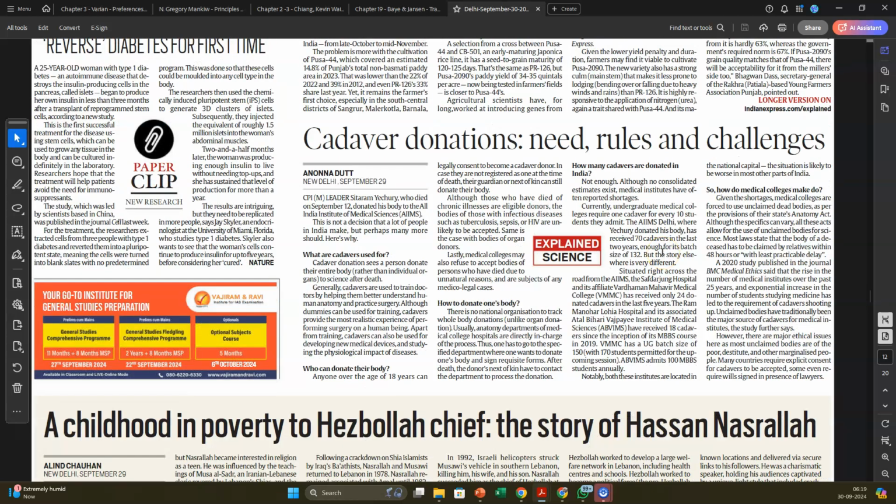Then, cadaver donation: needs, rules and challenges. We have a shortage of cadavers, which are used by science and medical students in medical colleges, because they need dead bodies to operate on. Fewer people are donating their bodies after death, therefore there is a shortage.